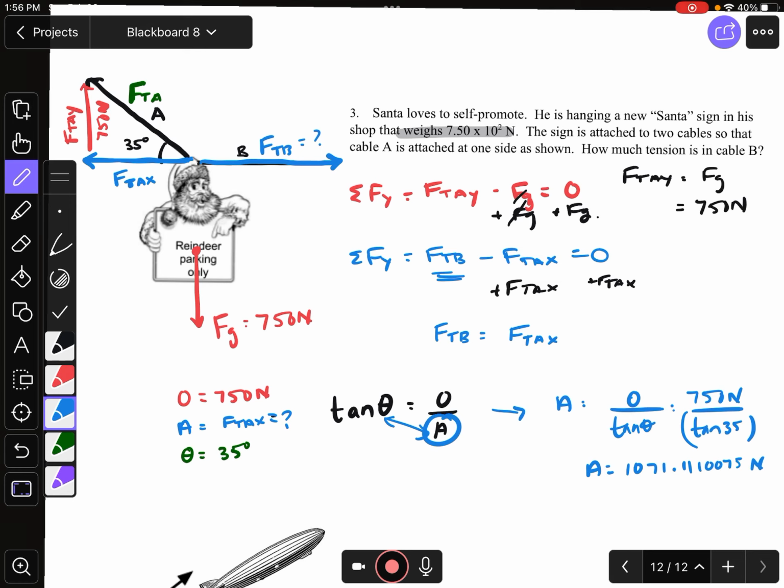Okay, and this is newtons, because I have newtons divided by tangent, which is newtons. So this is going to be my FTAX, which is equal to FTB. So this is actually going to be my final answer, of course, after I round it to 3 sig figs.